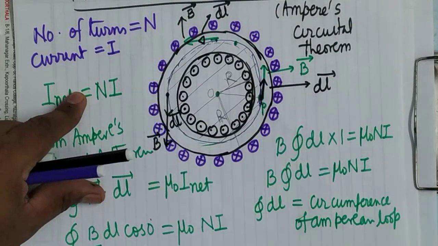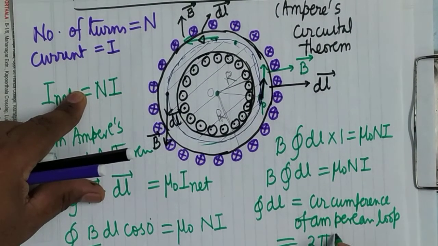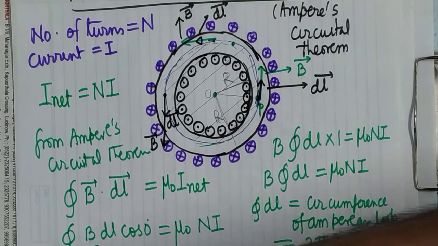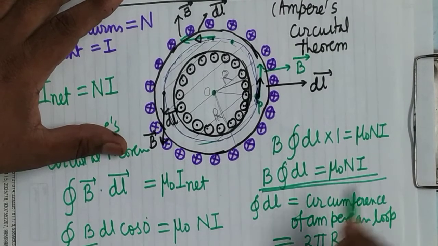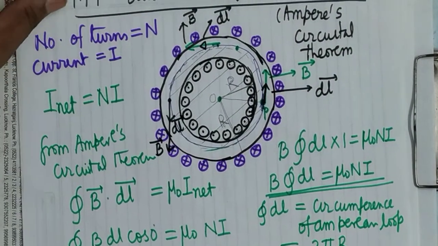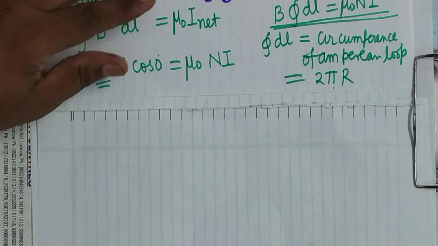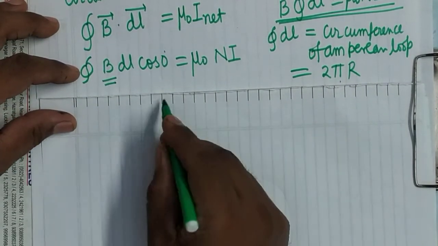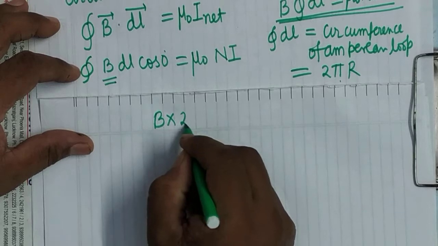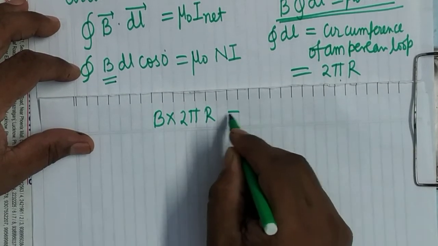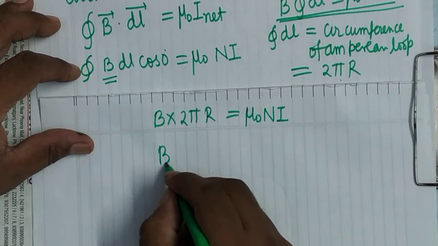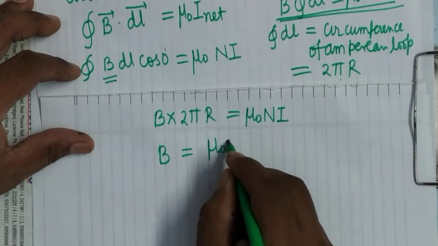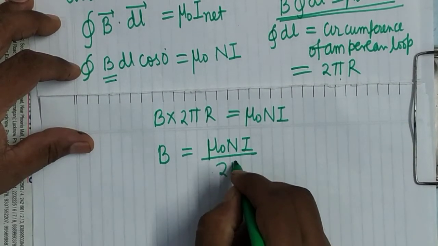Since its radius is capital R, what will be the circumference? 2 pi capital R. So in place of integral dl, we substitute 2 pi R. When you do this, B into 2 pi R equals mu naught N I. So B equals mu naught N I upon 2 pi R.